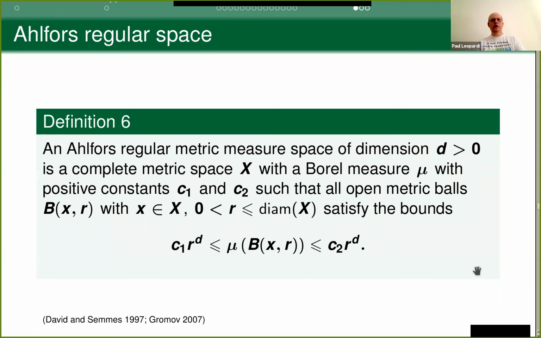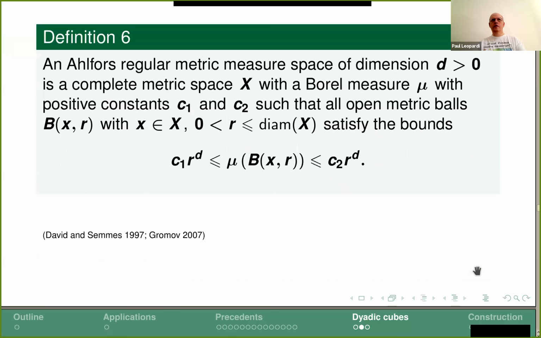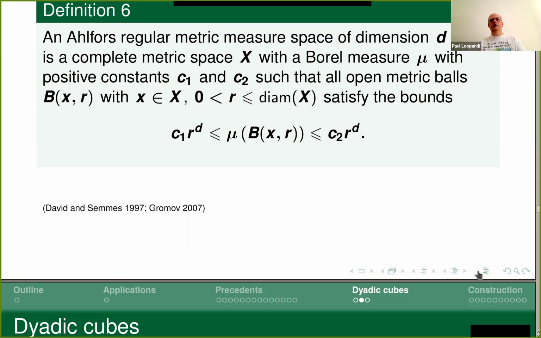Of course, the space can be more or less wild, and the wildness of the space is tamed by these constants C1 and C2. If you want to go into more details, there's David and Semmes, 1997, and Gromov in 2007.